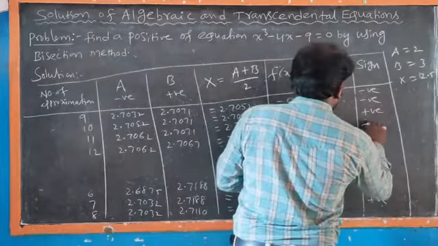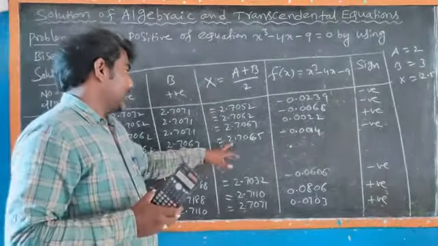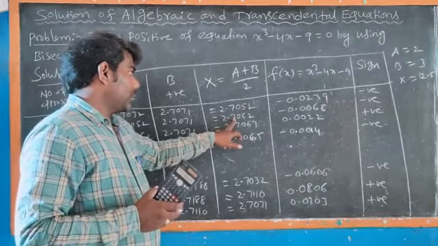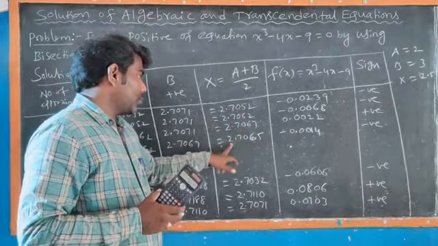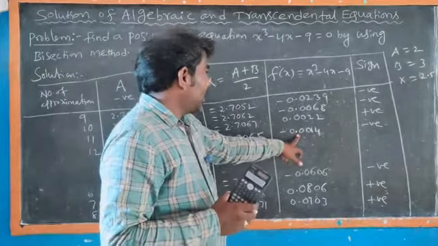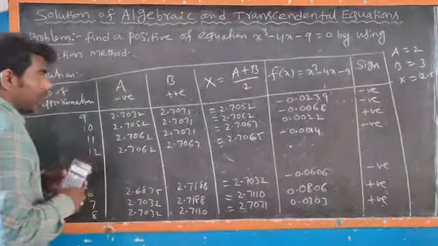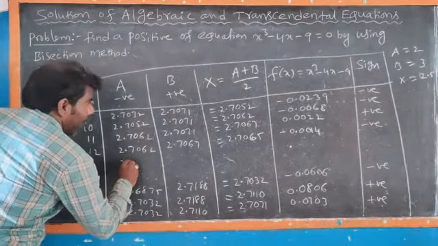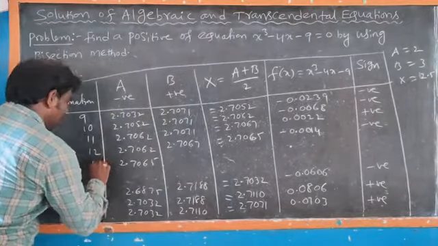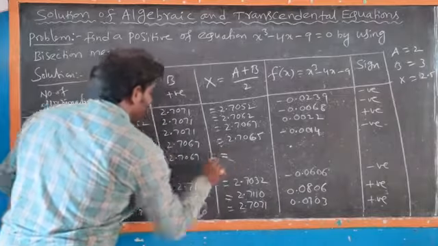This is a negative value. So almost we are near x. Here we observe three decimals, 2.706, 2.706, 2.706. Okay. Now next approximation. Here f of x is a negative value. So substitute x value in the negative values, in a: 2.7065. This is the 13th approximation. The b value is the same, 2.7067.